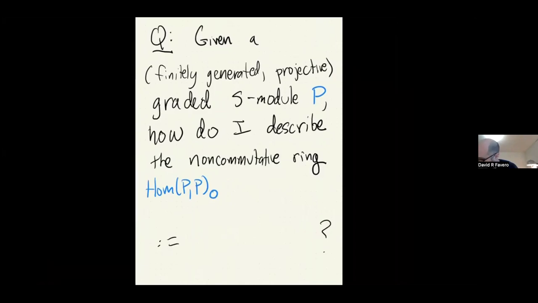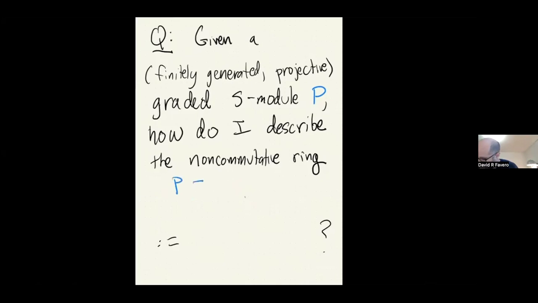This is by definition the sum over i,j, if P is a sum of S(j minus i). Let me squeeze in one more thing.